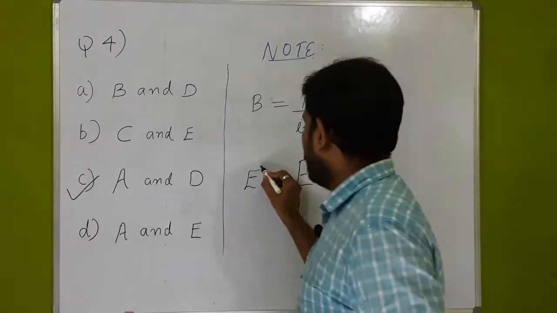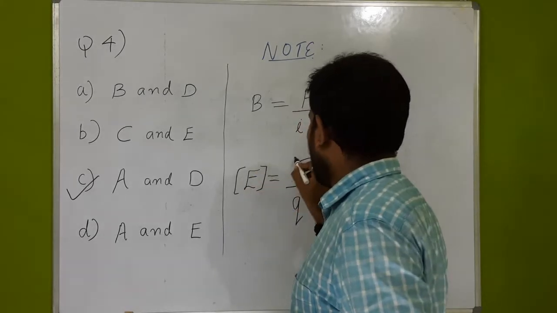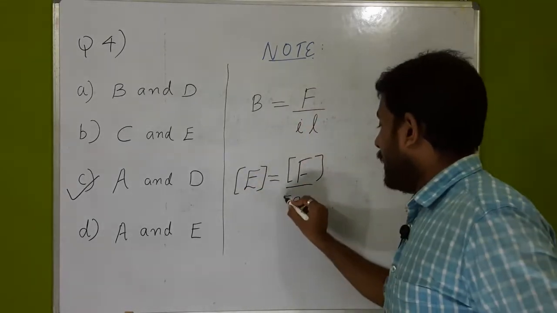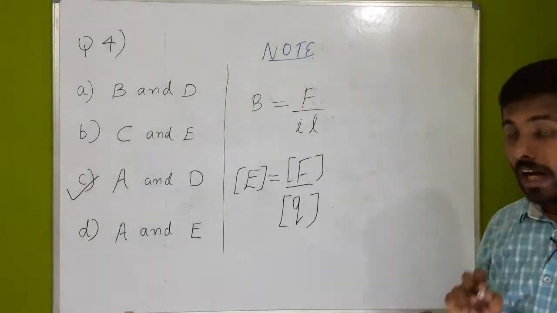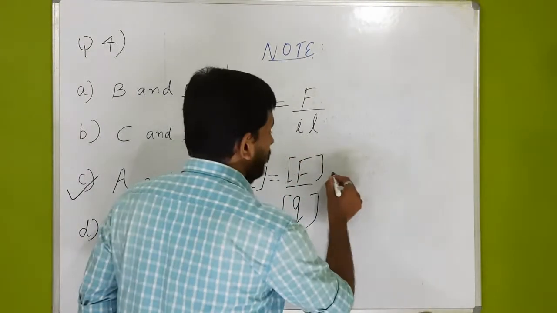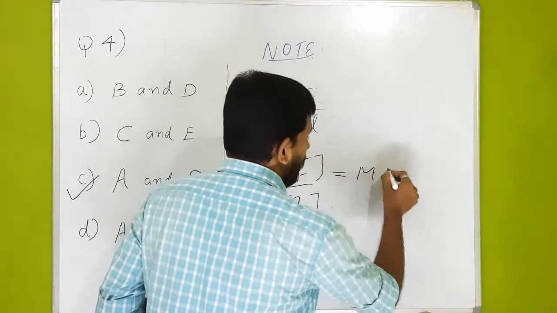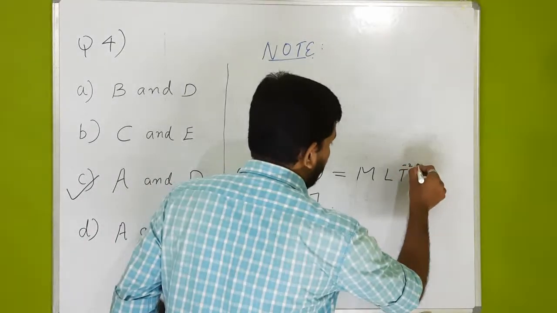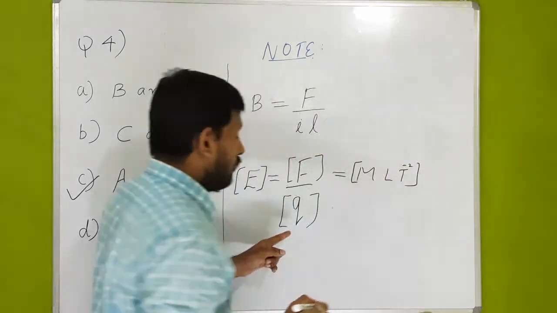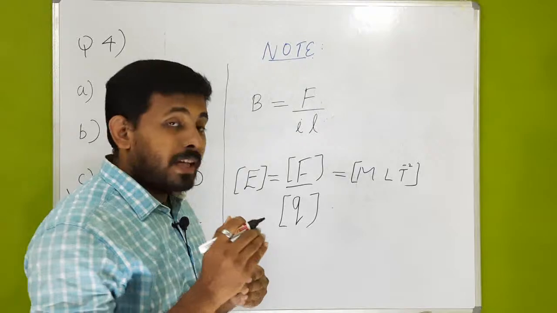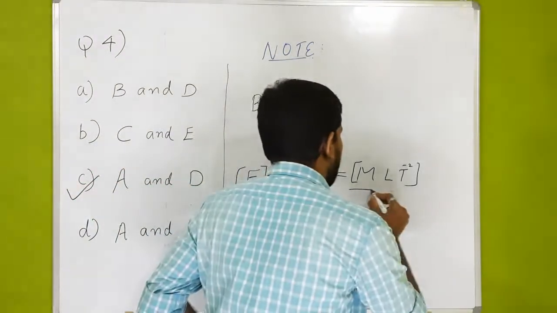Therefore the dimension of electric field is equal to the dimension of force divided by dimension of charge, and the dimension of force is mass times acceleration, and the dimension of charge is current into time.